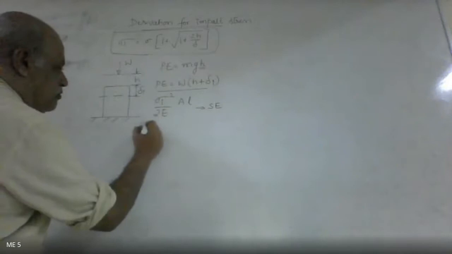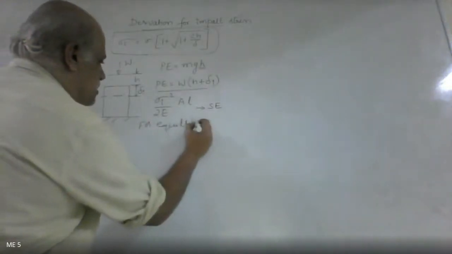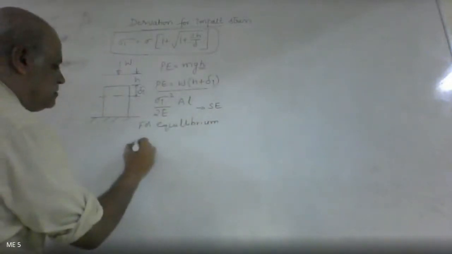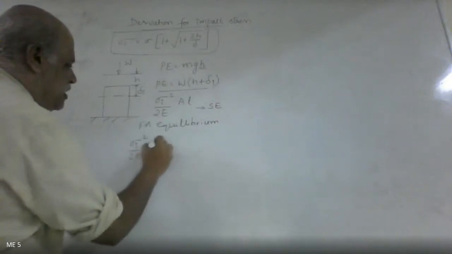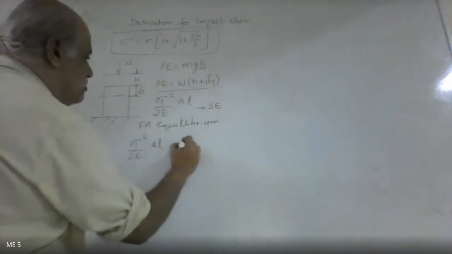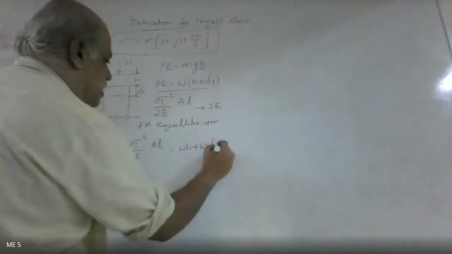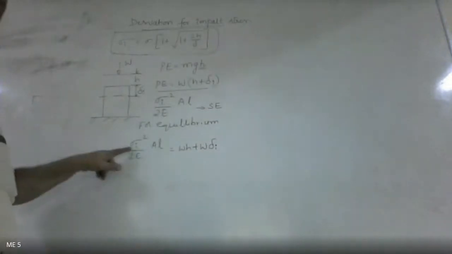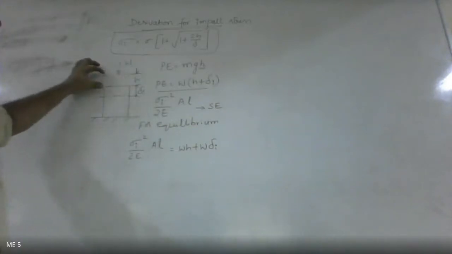So therefore, for equilibrium, these two are equated. That is, sigma square by 2E into AL is equal to Wh plus W delta I. Why I have taken sigma I here is because this stress is because of the impact of W, because it is dropped from a height.